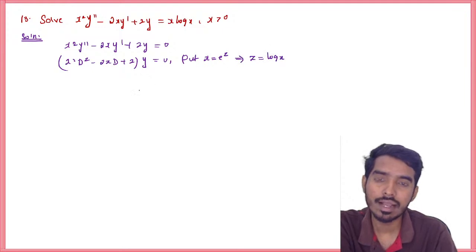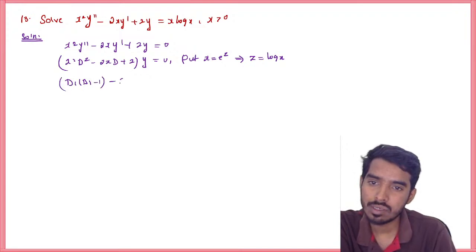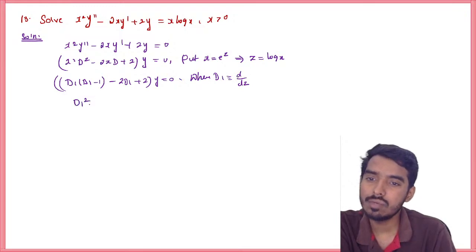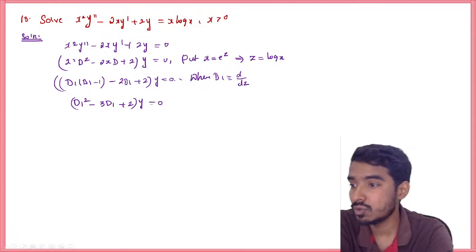That is z = log x. So we have the operator D(D − 1) − 2D + 2, so (D − 1)(D − 2)y = 0.